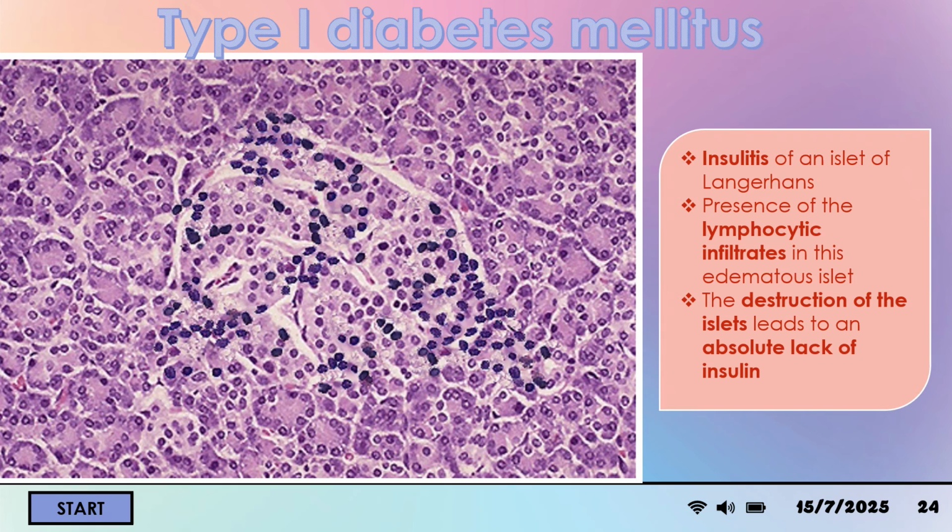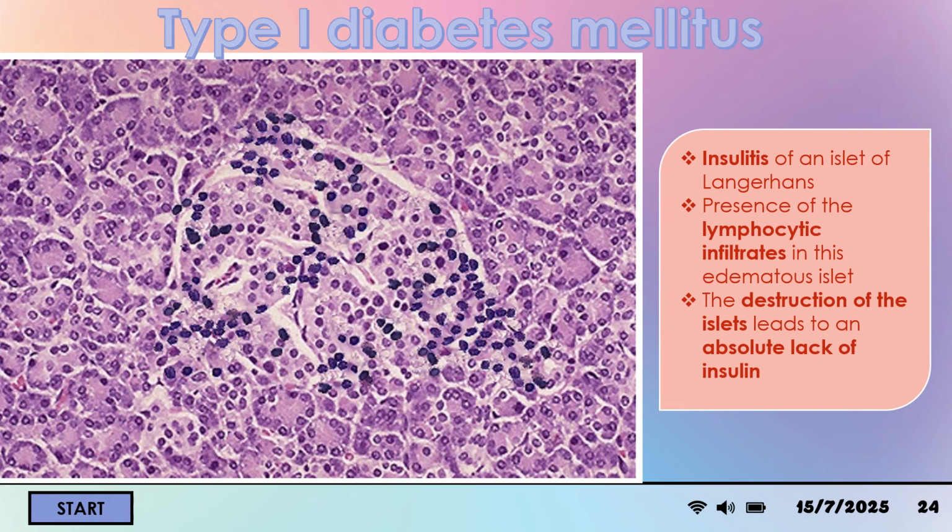Next, forensic histopathology. This represents a slide of type 1 diabetes mellitus. This image shows insulitis of an islet of Langerhans belonging to a type 1 diabetes mellitus patient, and there is a lot of lymphocytic infiltration in the edematous islet, suggesting an autoimmune mechanism.